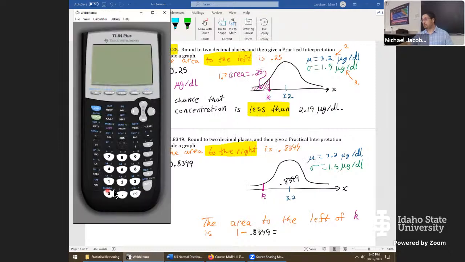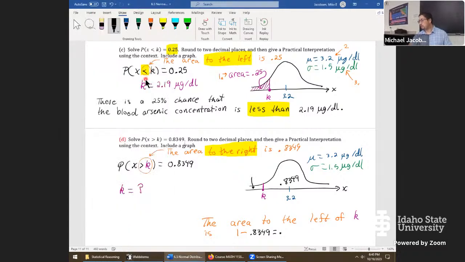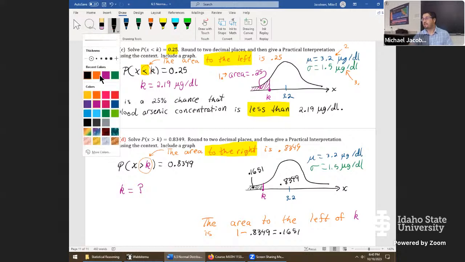So back to the calculator for just a small amount of time. 1 minus 0.8349 gives us this figure, 0.1651. And that's the actual area that our calculator would be taking on this problem. I'll highlight that just to signify we're using this area.